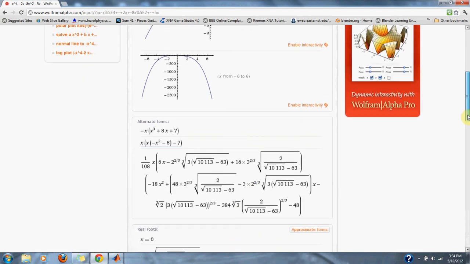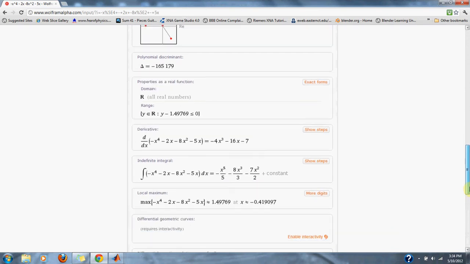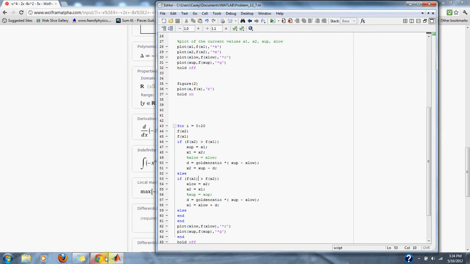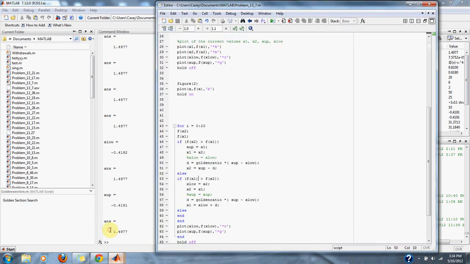And then down below, we get our maximum at 1.497 at x equals negative 0.419, which matches the results that we found using the golden ratio search in MATLAB. And that is all for problem 13.7.